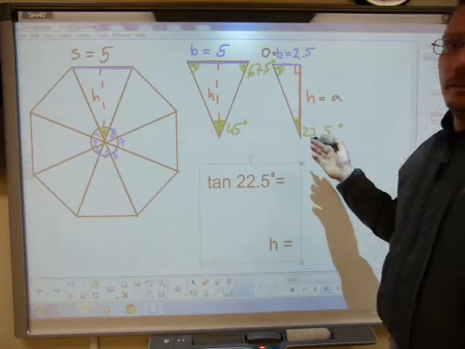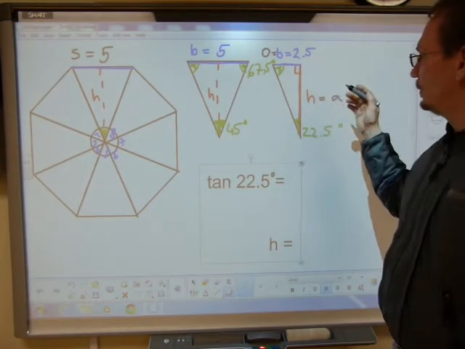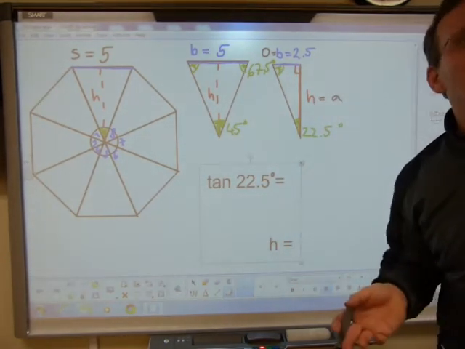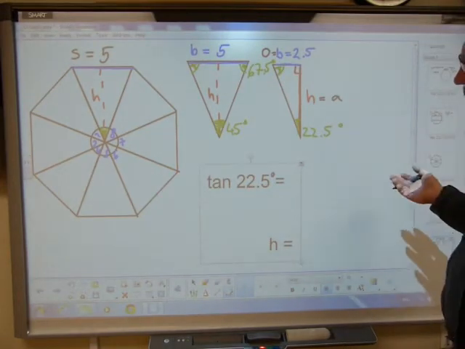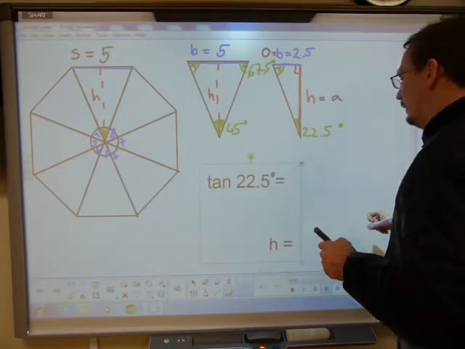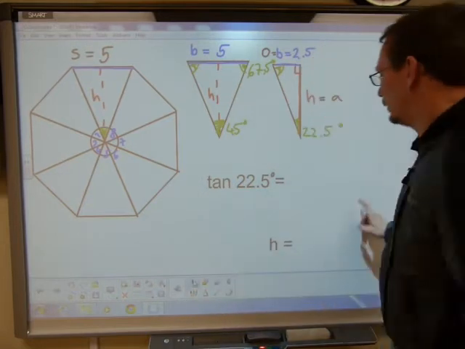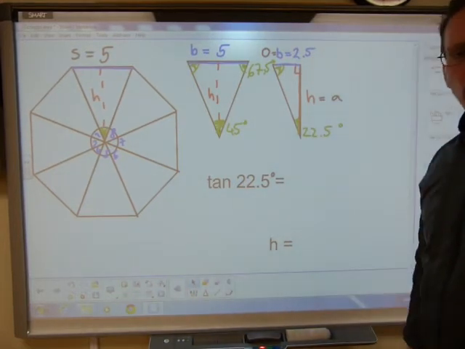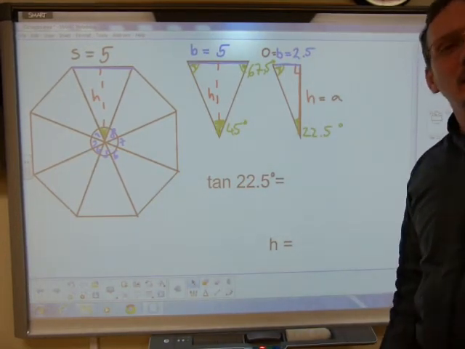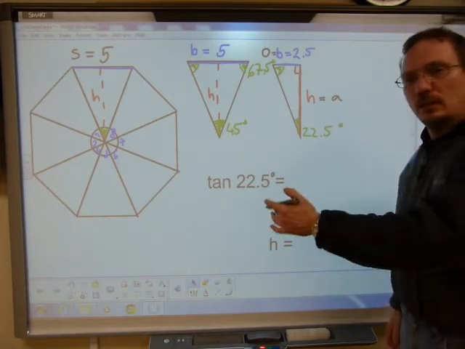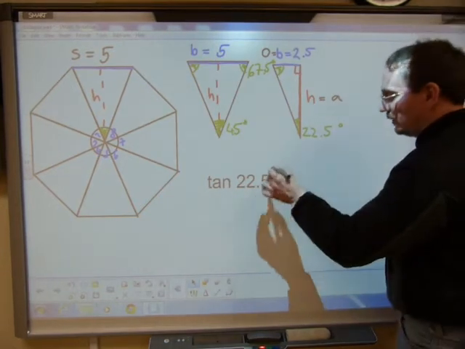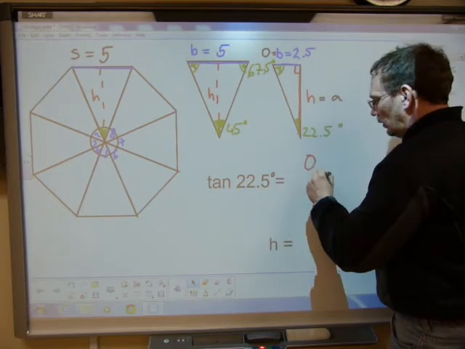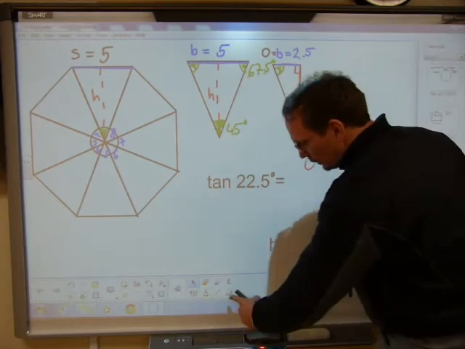And the only trigonometric function that has opposite and adjacent in it is the tangent function, so I'm going to use the tangent function. And in the tangent function, if you remember your high school memory jogger, SOH CAH TOA, tangent of any angle equals opposite.